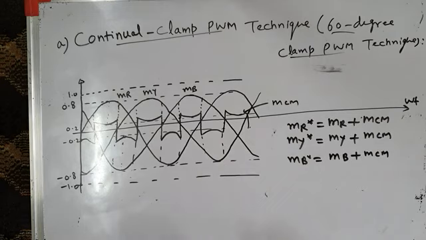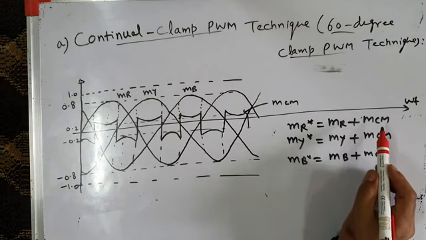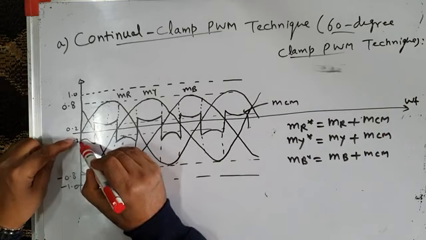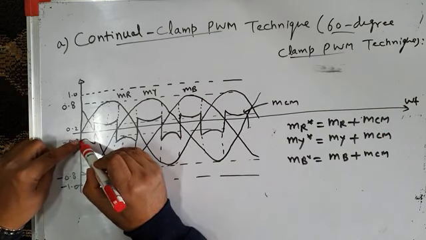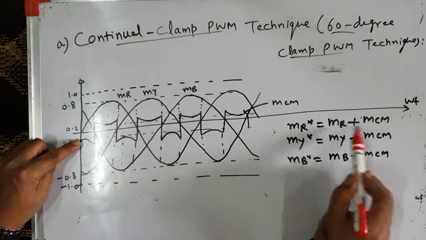For phase R, I will use red color pen, and MR star is MR plus MCM. Okay, I can start from here. Okay, this is my original MR. And my MR star is MR plus MCM.